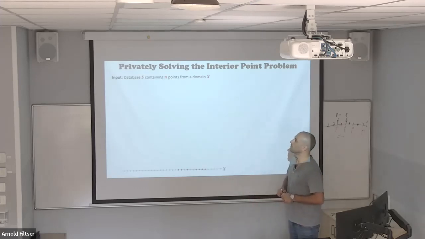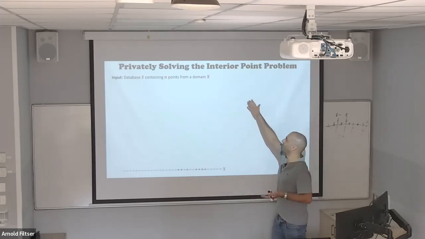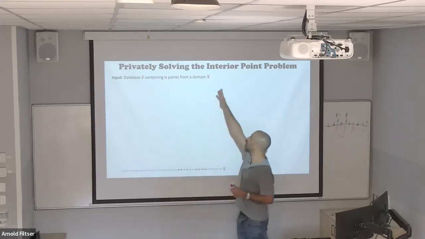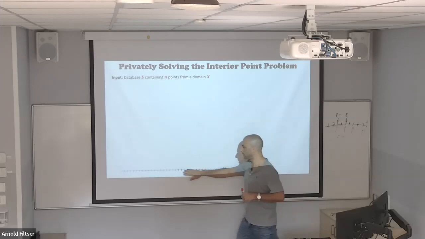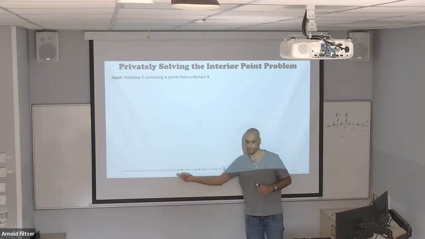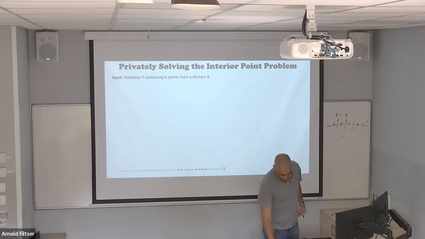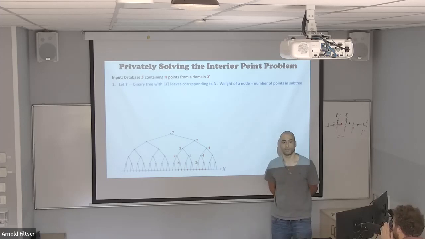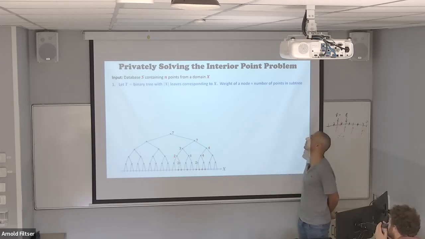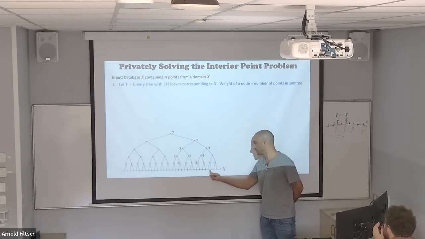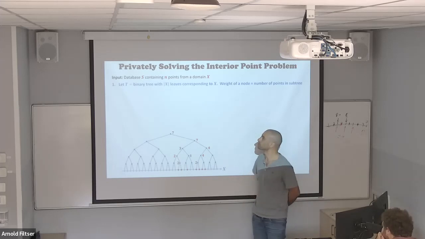Okay, so like always, my input is a dataset S containing n points from the domain X. Here is a picture, my domain X, and my input points. The first thing I do in the algorithm is I build a complete binary tree over the domain X. So the leaves of my tree are exactly the elements in my grid.